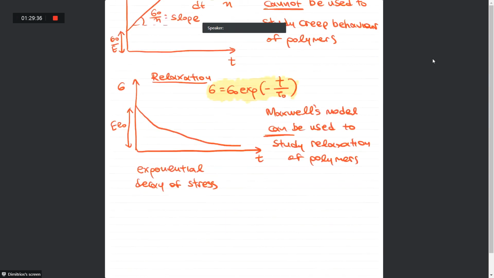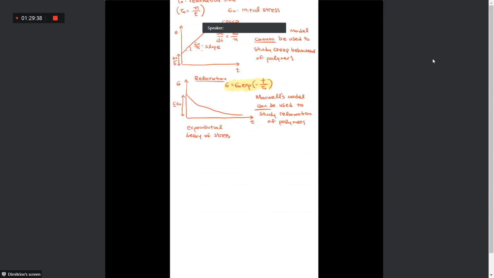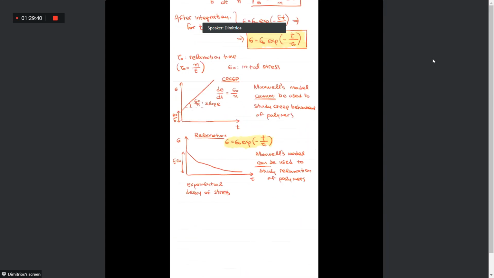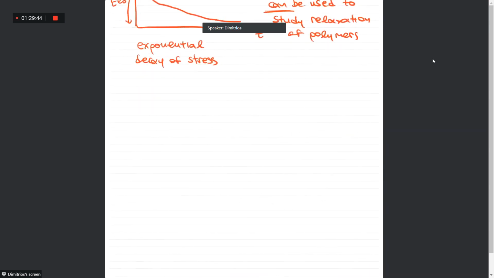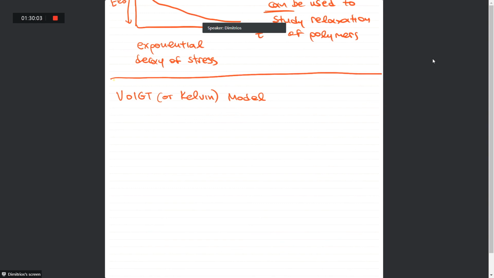Now, the second model that we have is the Voigt model. Sometimes it's called Kelvin. In this Voigt model or Kelvin model, as we said, the spring and the dashpot are connected in parallel.